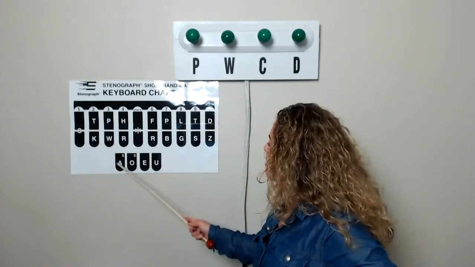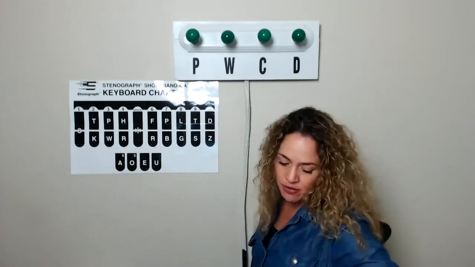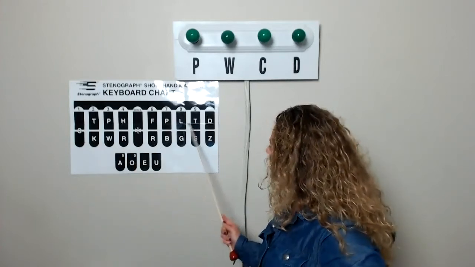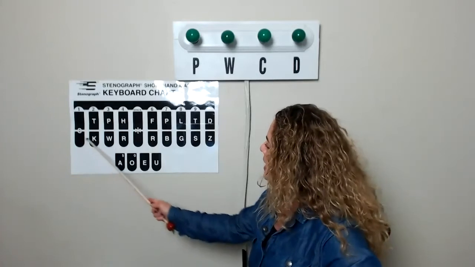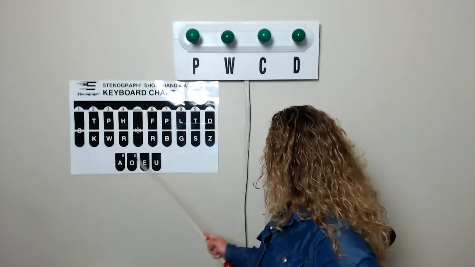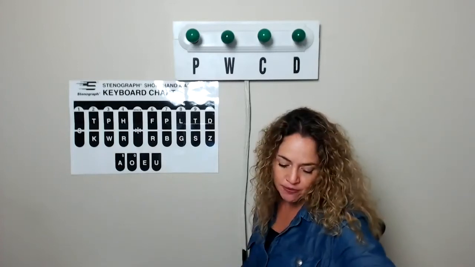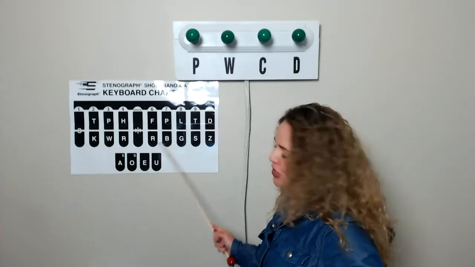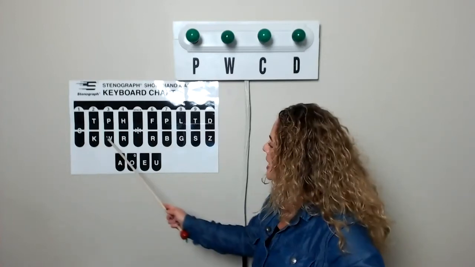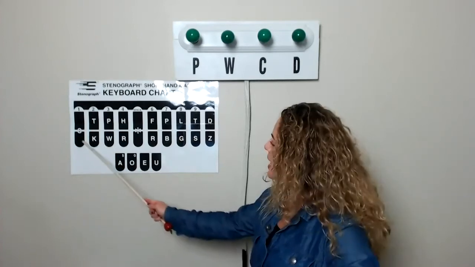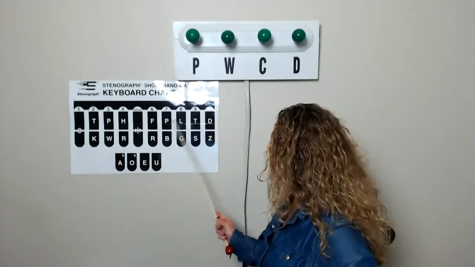Squire, S-K-W, long I-R. Squint, S-K-W, short I-N-T. Squatter, S-K-W, broad A, T, come back for E-R, squatter. Squash, S-K-W, broad A, S-H. Squeak, S-K-W-A-E, final K. Squirt, S-K-W, short I-R-T.